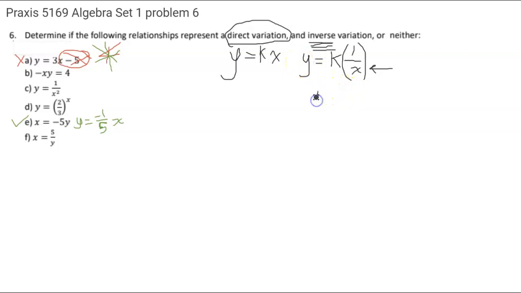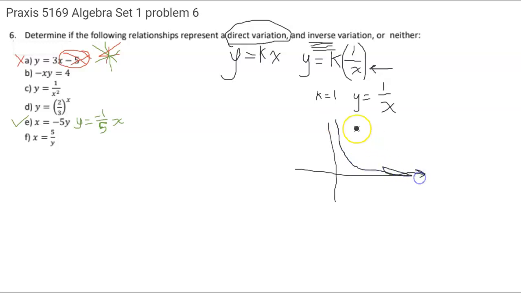If we just pick k equals 1, the basic inverse relationship looks like y equals 1 over x. So the basic inverse relationship is the graph of 1 over x. You've probably seen it. It doesn't touch, it's got the horizontal asymptote and the vertical asymptote.